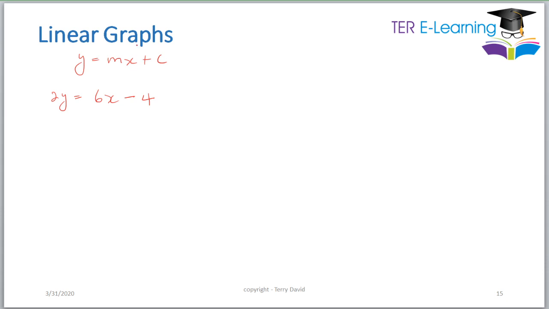That's my equation of my straight line. 2y is equal to 6x minus 4. I want to know what is my gradient and what is my y-intercept. Let's see if you get this one.